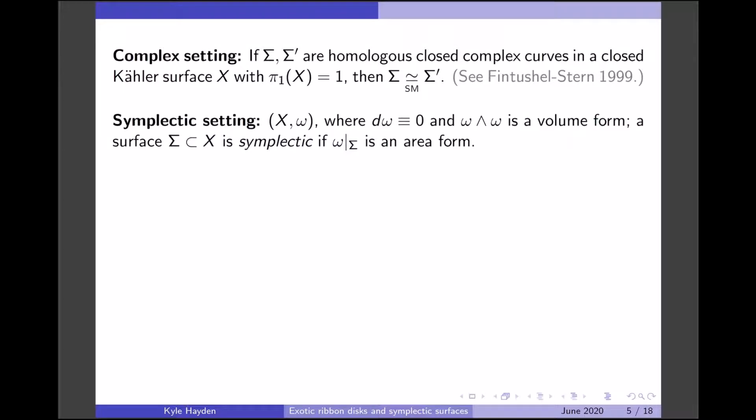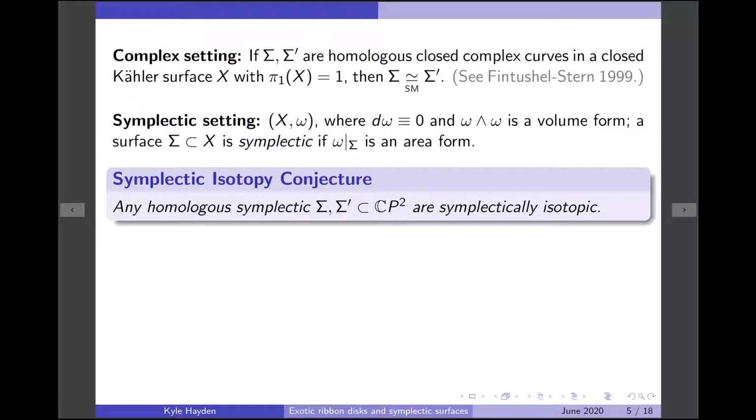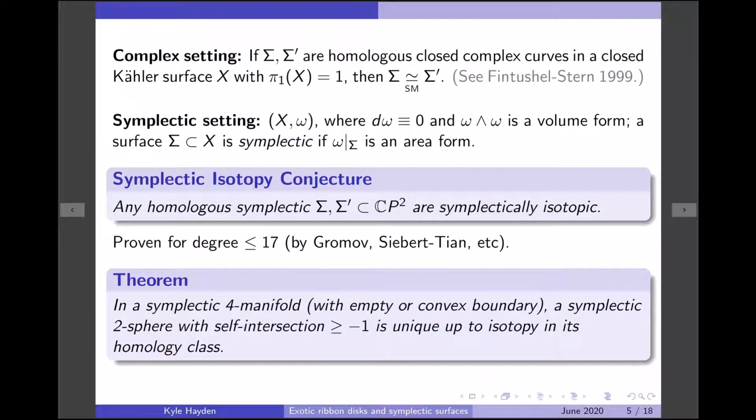And one of the most important conjectures in this area is the symplectic isotopy conjecture. It posits that any two homologous symplectic surfaces in CP2 are in fact symplectically isotopic. This is verified up through at least degree 17. And there's one other rigidity result that I want to mention, which is a compilation of work of several people, but largely working off of results of McDuff.